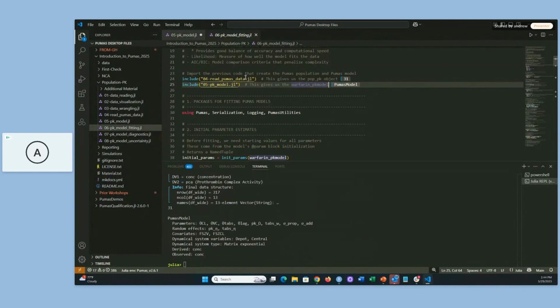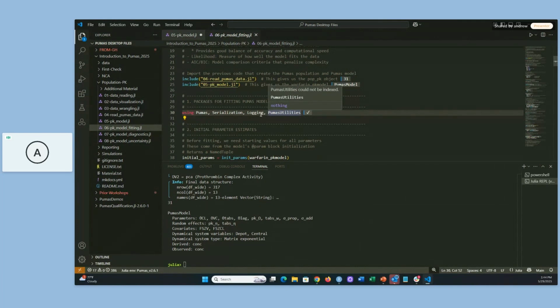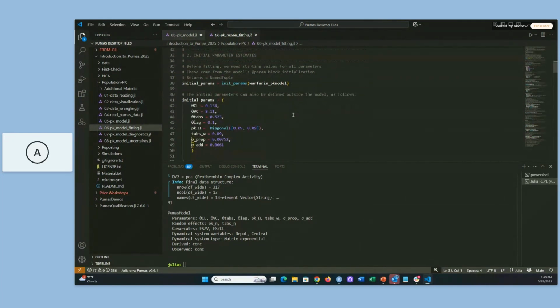This is just an easy way. It's reading in the Pumas data, so the population gives us our pop PK object. We're reading in the PK model, and executing our handful of packages and libraries.